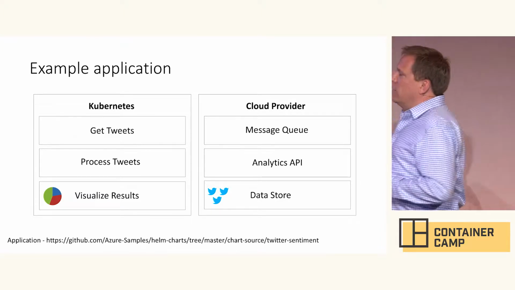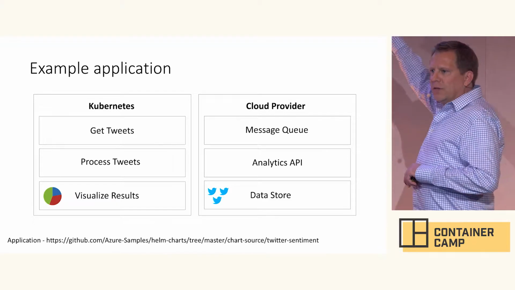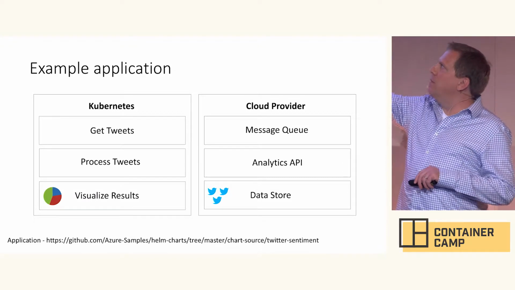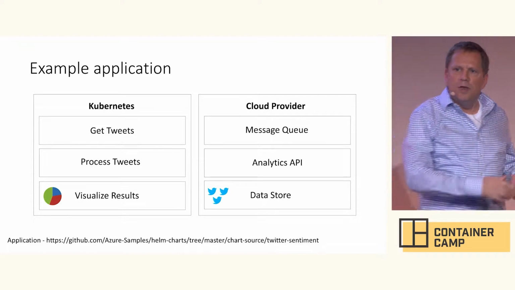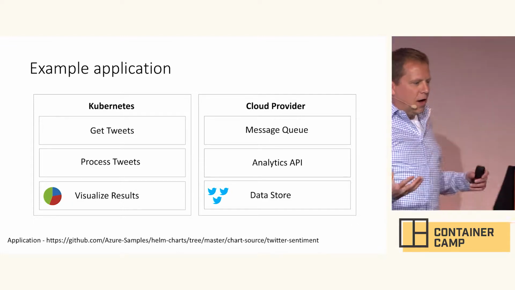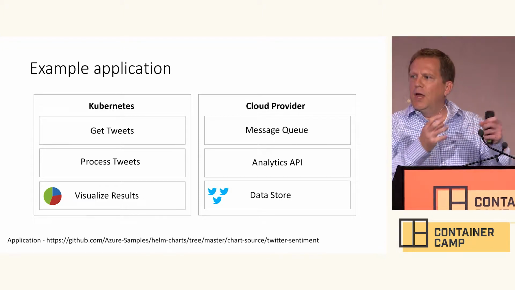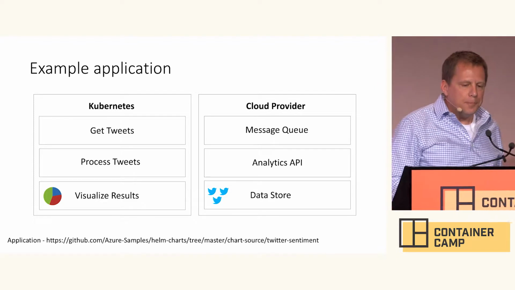As I stood up the cloud services, I needed to somehow get the connection information back into Kubernetes so that the pods running in Kubernetes can communicate with the pieces. I've got these cloud things now, and I've got to take all the information and manually create my secrets in Kubernetes so that everything can talk.